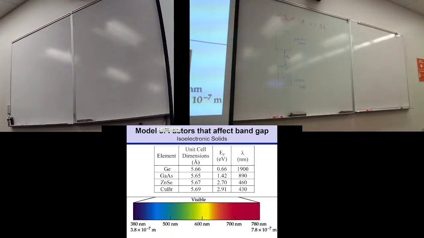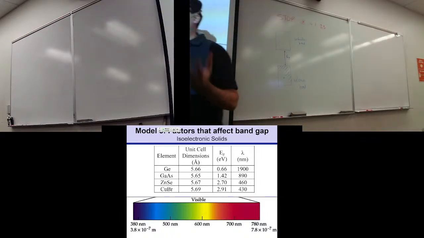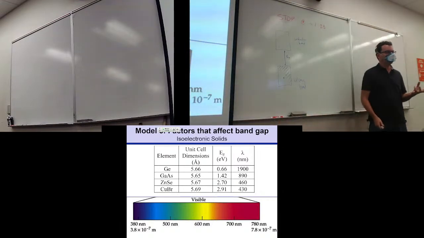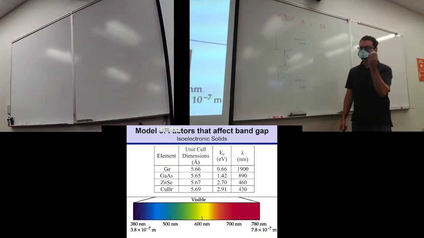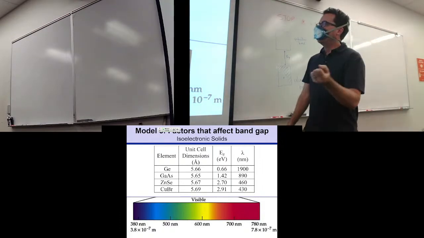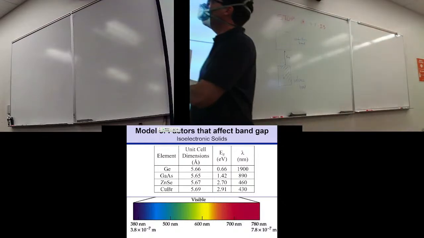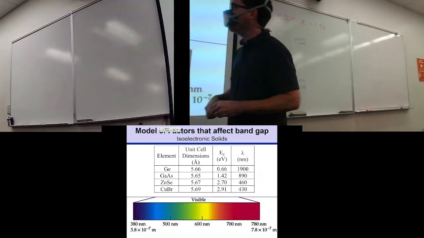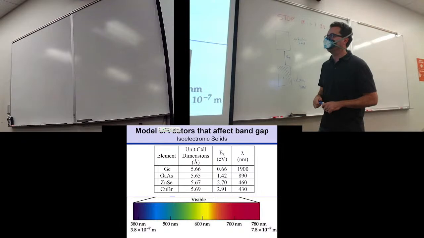We can look at these materials and think, oh, well, what's changing here definitely is the difference in electronegativity. Germanium has 0 difference in electronegativity with another germanium atom, but gallium has a small difference in electronegativity with arsenic. And as you go down here, they get to bigger and bigger differences in electronegativity, that delta EN.